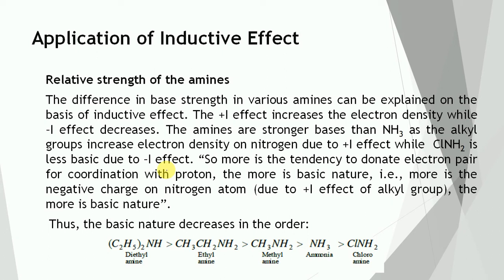The alkyl group increases electron density on the nitrogen due to the positive I effect, while this ClNH2 is less basic due to the minus I effect of the chlorine. So the more the tendency to donate the electron pair for coordination with a proton, the more basic the nature.